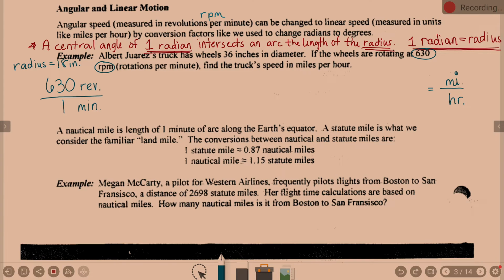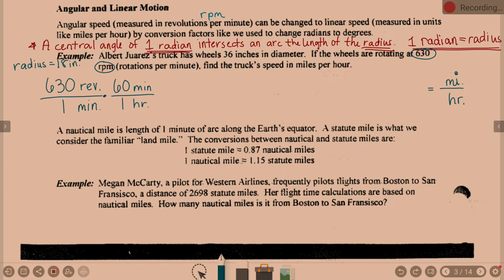Known fact, 60 minutes in 1 hour. When I teach this, I say we can do 60 minutes over an hour or 1 hour over 60 minutes. What do you want? Minutes over hours, so the minutes cancel. There's 60 minutes in 1 hour, and I want minutes over hours because I want minutes to cancel.